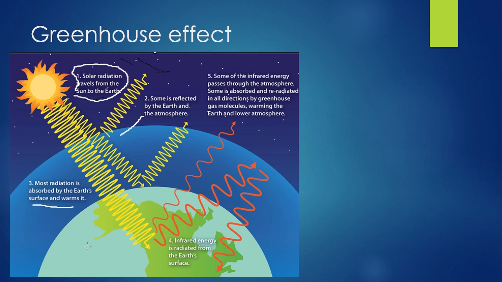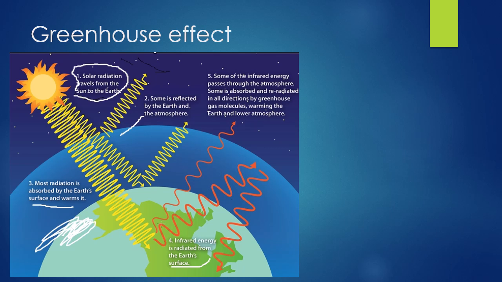By the way, just so you know, if we have ice cover, ice will reflect more light than the water will. And this is called the albedo effect. So when the surface is heated up, this is then released again as infrared energy.